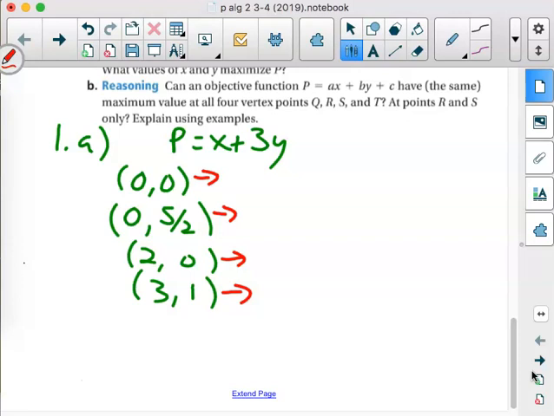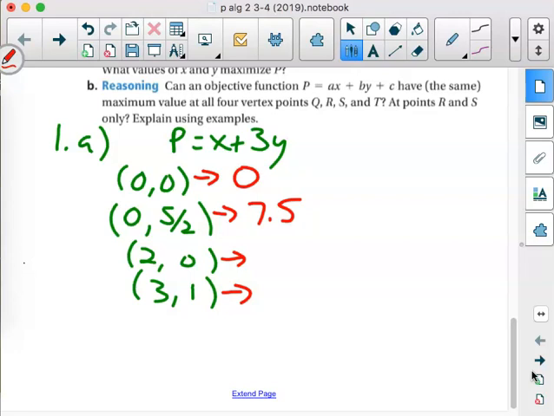What do we get if we put 0 and 0 in this thing? 0, yeah, again, that's probably not going to maximize business if you don't sell any of anything. That just makes sense. And then if we put 5 halves in there, or 2.5, we're going to get 7.5. It's 3 times $2.50 would be $7.50.